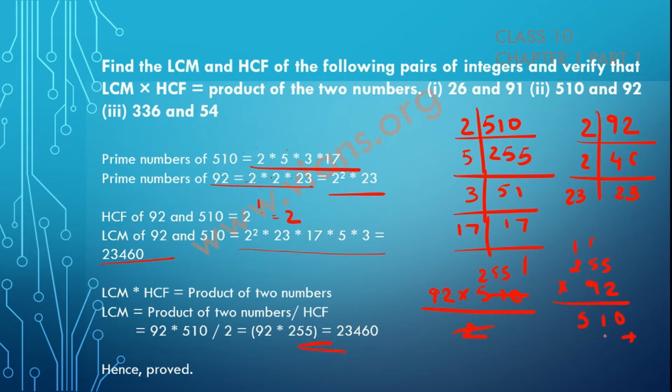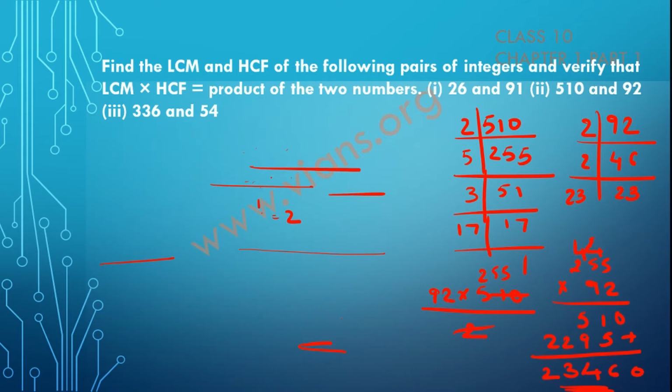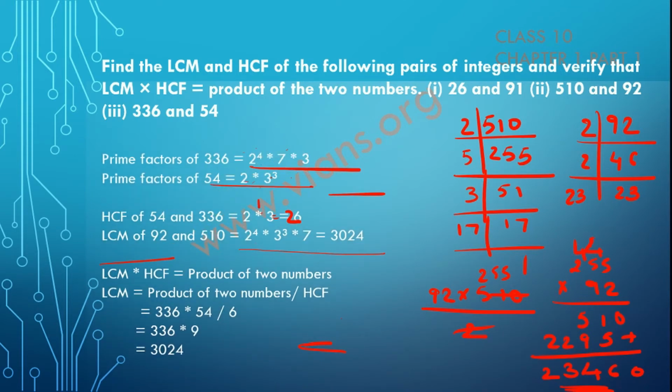Plus 9 5s are 45, 5 4s, and that's how we get this particular value, right? So hence we've proved this.